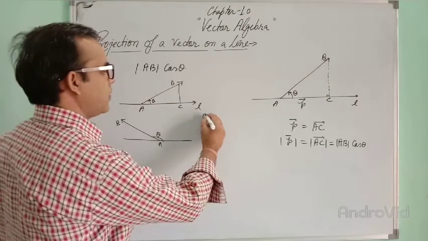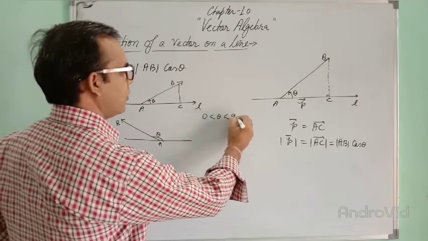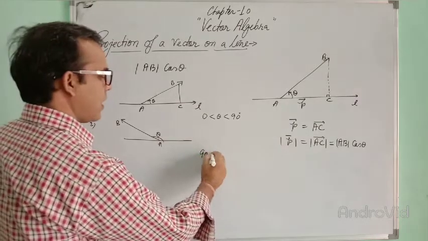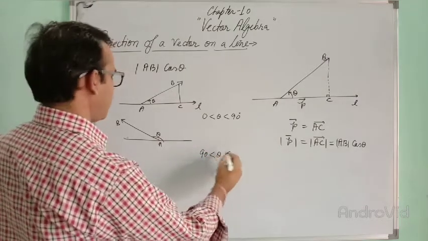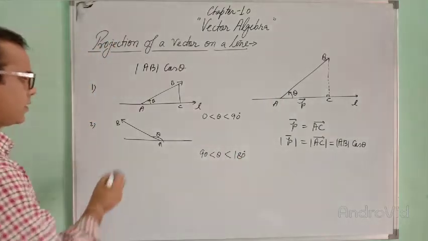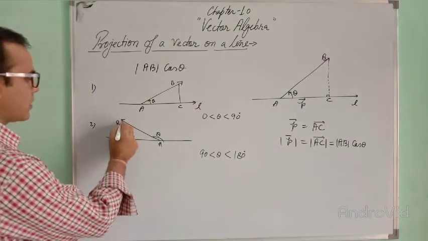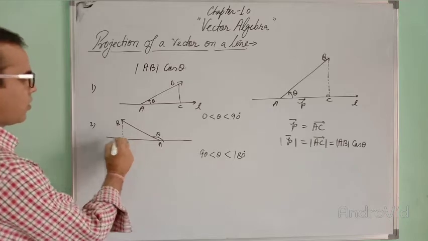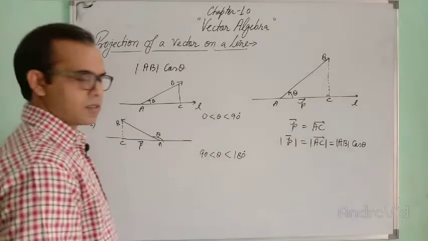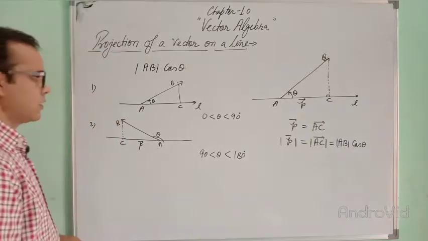Here in the first case theta lies between 0 and 90, and in this case theta lies between 90 and 180 degrees. In this case the projection will be in this direction. C point will be here, and the direction of P will get reversed. So this is the figure here.